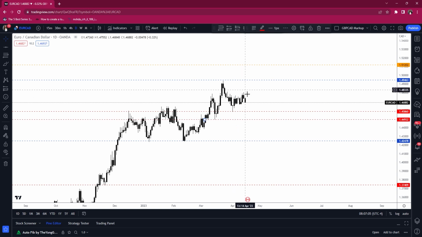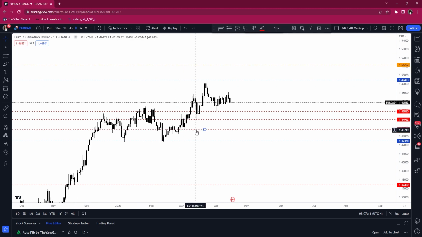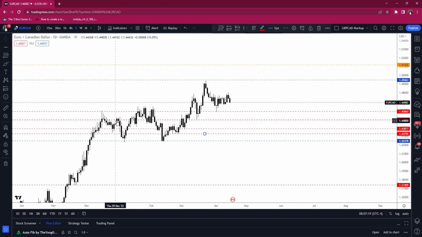I don't have the full formation right here, but I do see several levels of daily support that I can identify. And so I'm going to knock those out. There we go. And I'm going to drop down to the 4 hour.